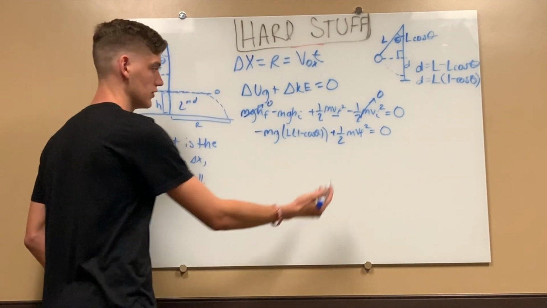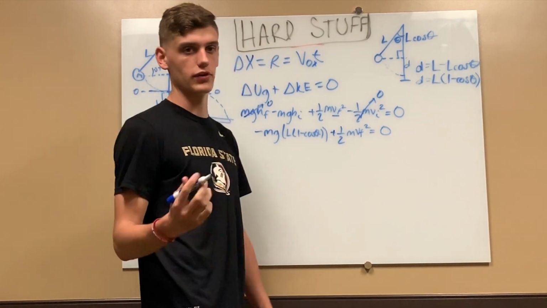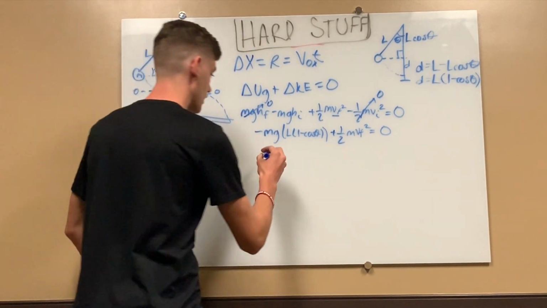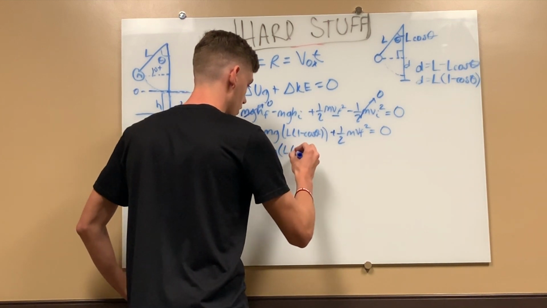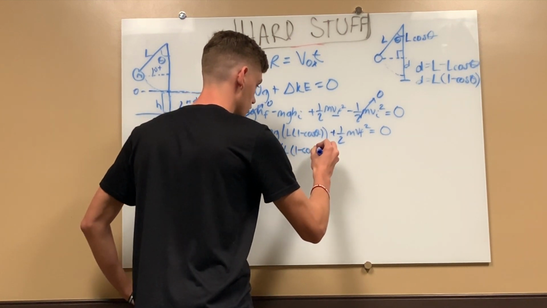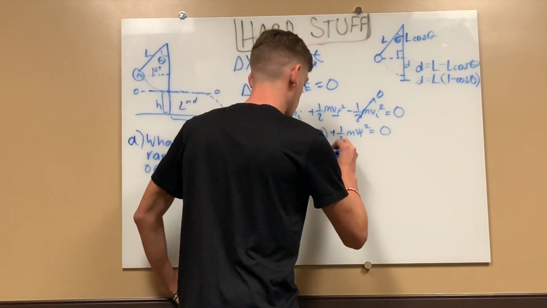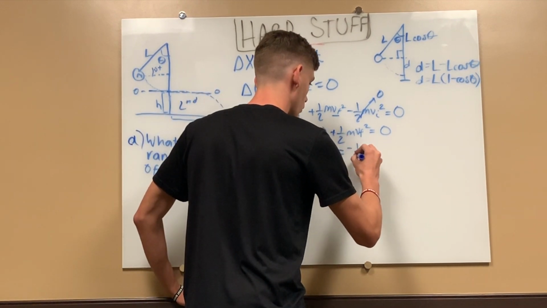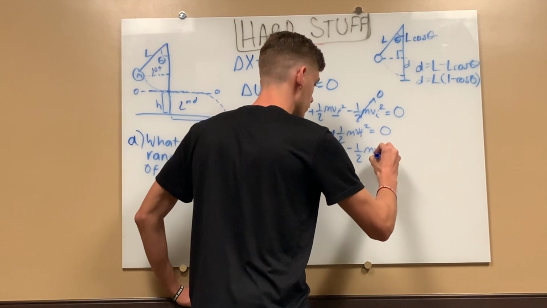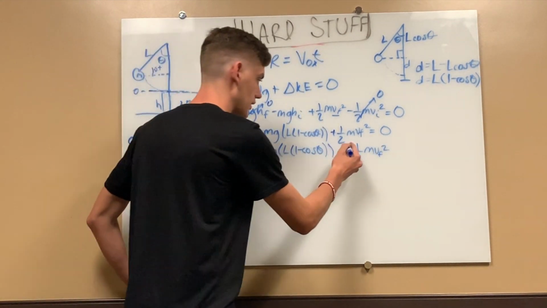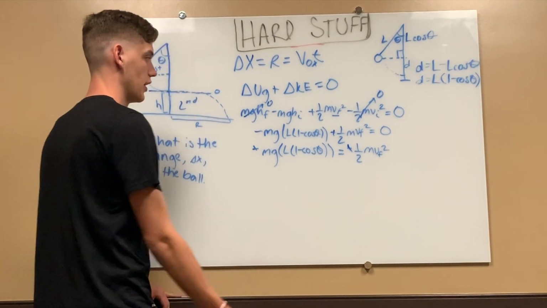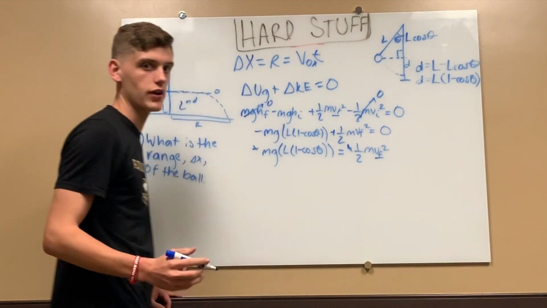And what we can do is subtract 1/2 mv final squared on both sides, giving us negative mg L times 1 minus cosine theta equals negative 1/2 mv final squared. And what we can do now is cancel out the negatives on both sides. And what we're solving for is this velocity final.